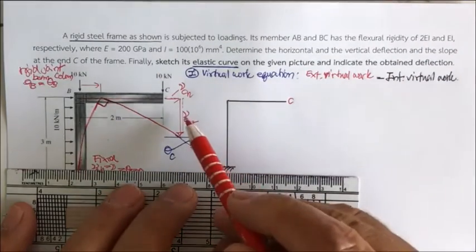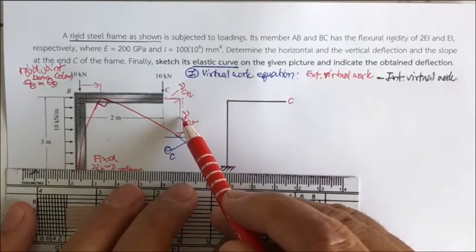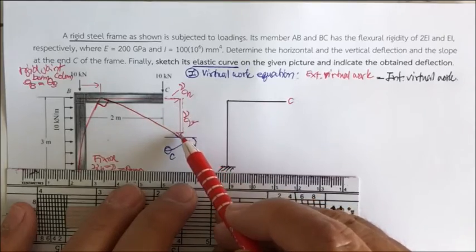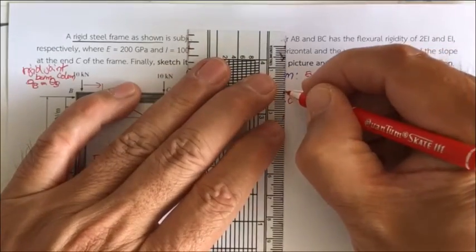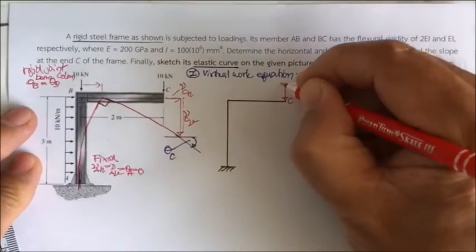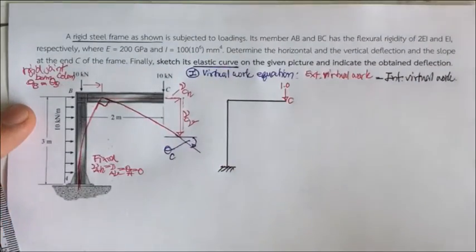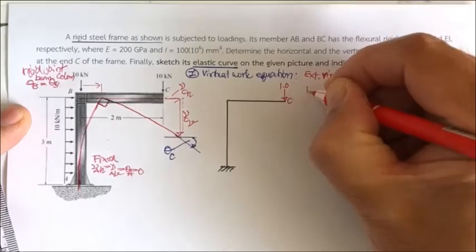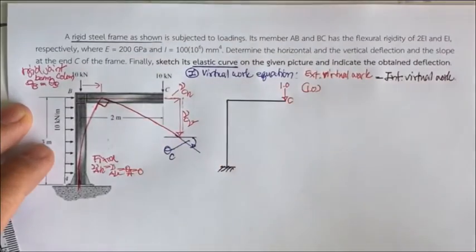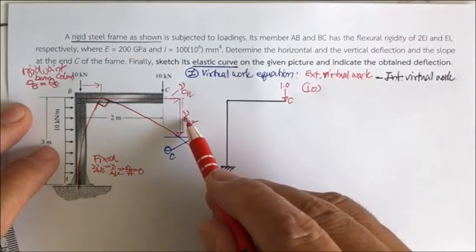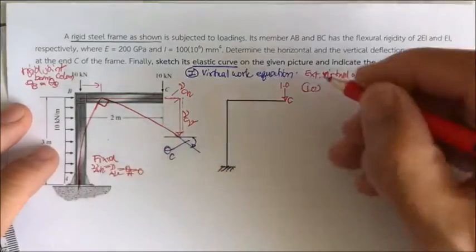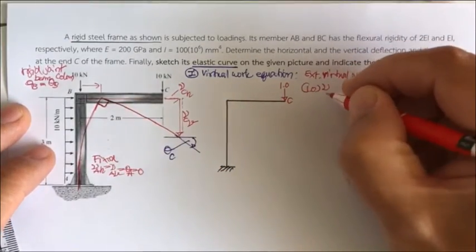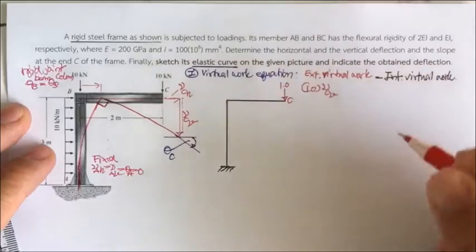Since the vertical deformation is like this, we put the 1.0 assumed force here, and the 1.0 force is multiplied by this real deformation.